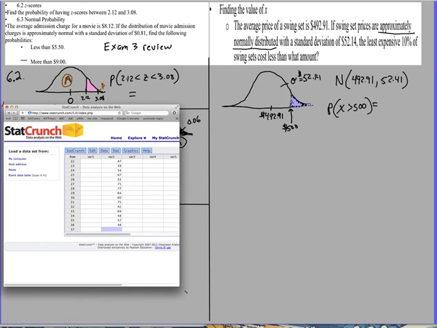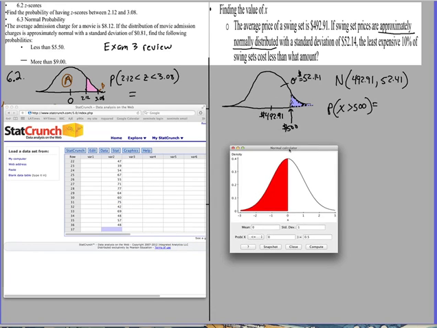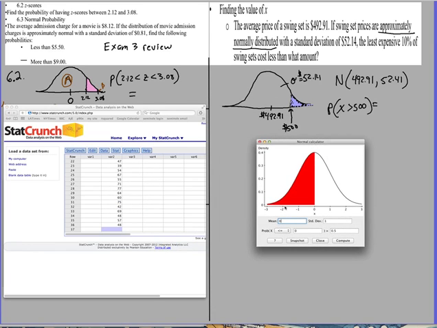Let's go to the same distribution, our normal distribution, and change our mean to 492.91, with a standard deviation of $52.14.